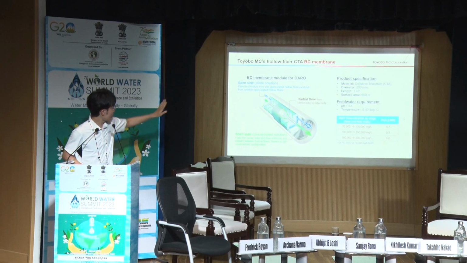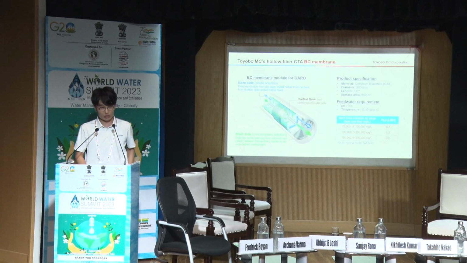On the right-hand side, you can see the specification, and I'd like to emphasize our membrane material is a chlorine-tolerant material called cellulose triacetate. We also have a very high surface area, 600 square meters, with only one membrane module. There are some feed water requirements, namely pH and temperature, and flux varies depending on the feed solution and the final solution shown in this table.